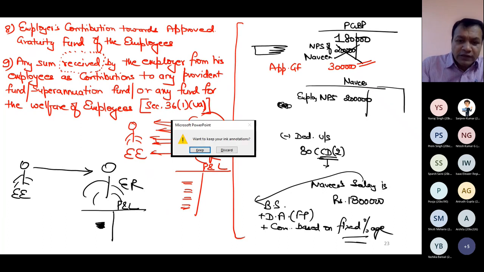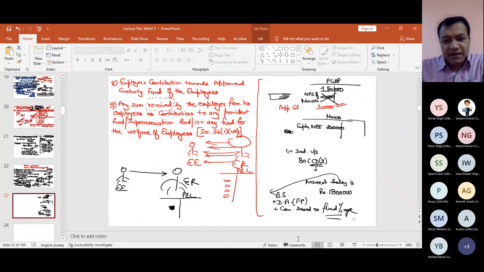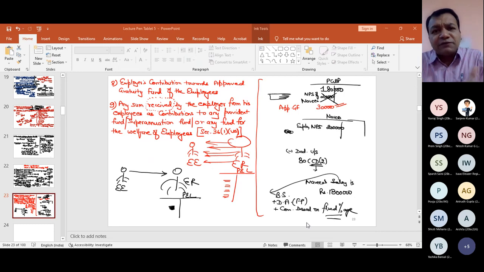Please raise your hand if the point is clear. Have you understood what is happening? Earlier cases were fine. As an employer, I was giving something to the employee and I was getting the benefit on the debit side of the P&L account. Now I am receiving something from the employees, still I am getting the benefit. Please raise your hand if the issue is clear.